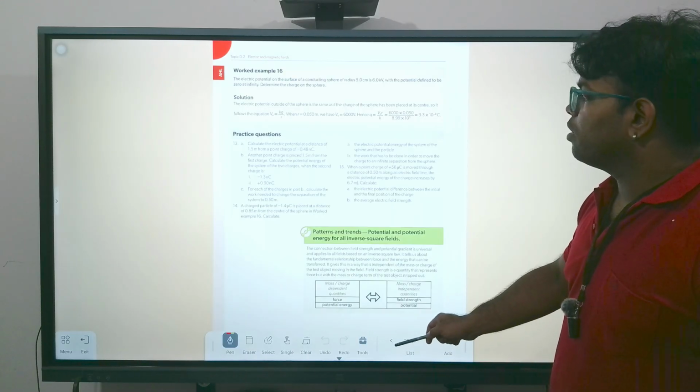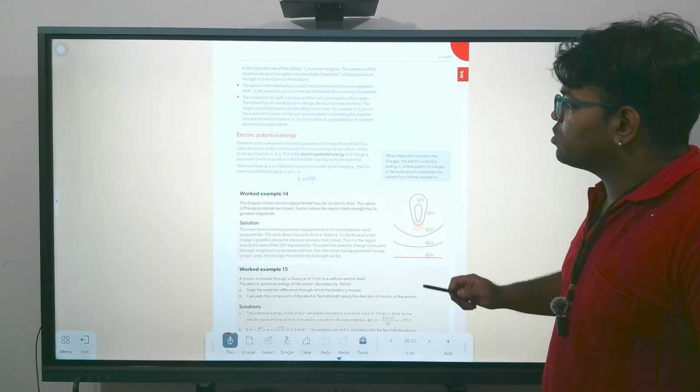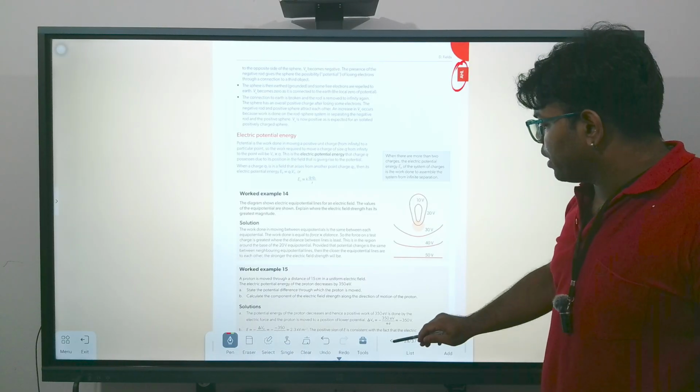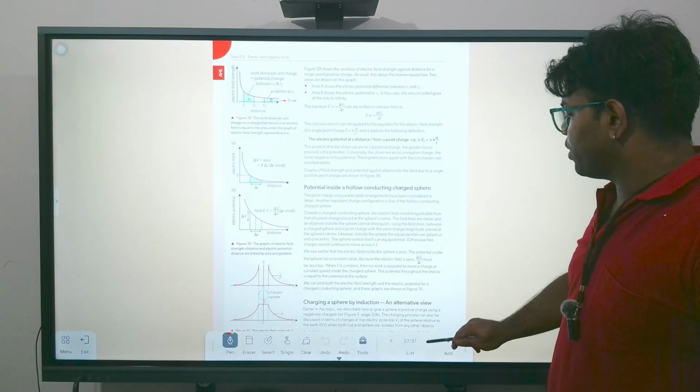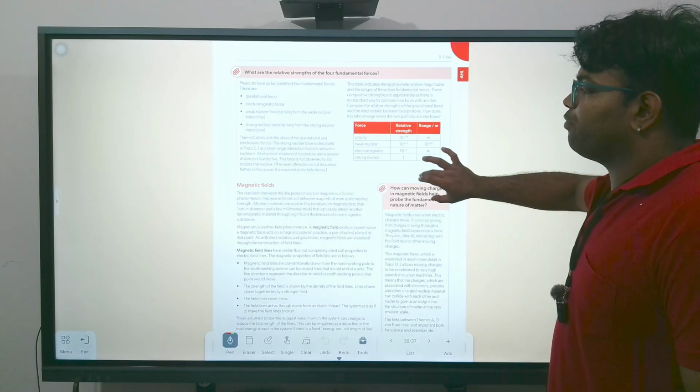Let me just see what is part of the AHL. This is not that much of a hard topic actually. Anyway, AHL we can ignore it, because that's not part of your syllabus. Let's move on to the next topic, magnetic fields.